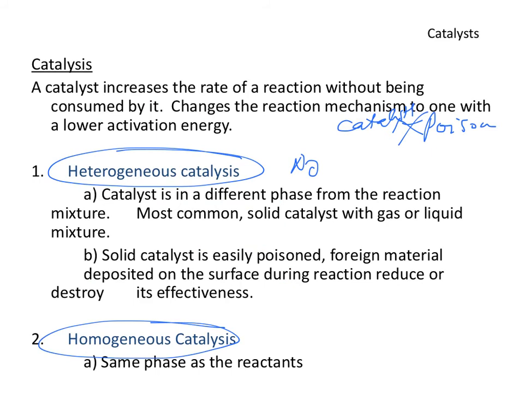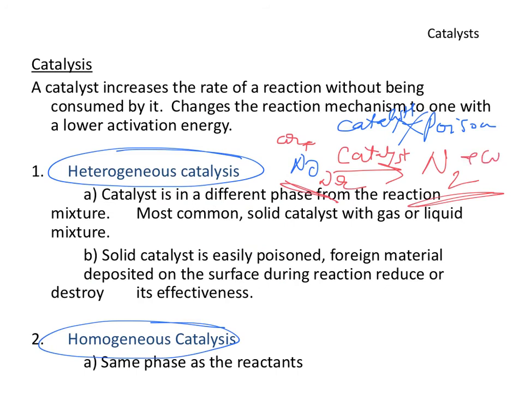When it goes through the catalyst, NO2 is essentially reduced to nitrogen. So what comes out is CO2, of course, and nitrogen is given off. That means NO and NO2 are converted back to nitrogen gas.